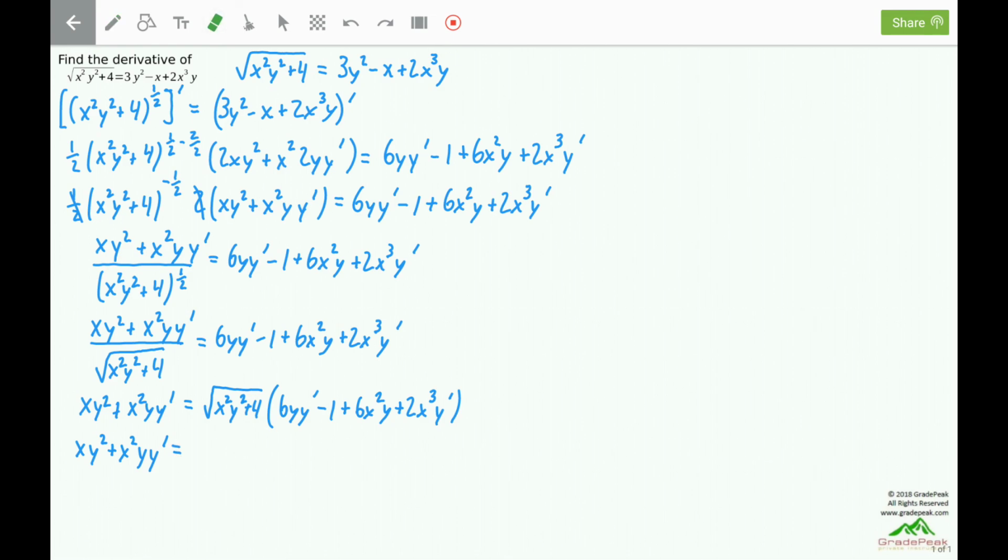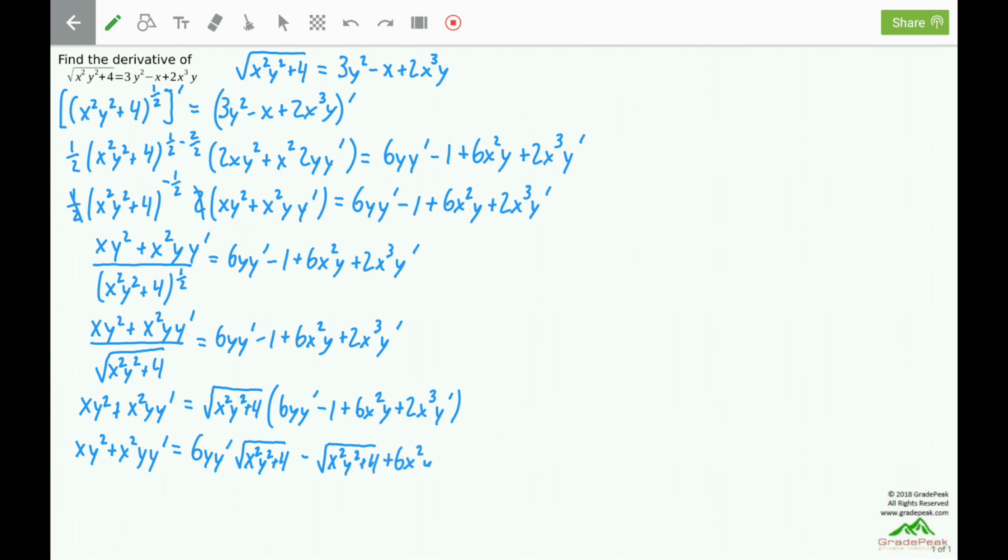So if we distribute on the first term, the 6y and y prime can all stay out front, and then multiplied with the square root. The minus 1 can stay out front, the 1's implied, and then the same square root.